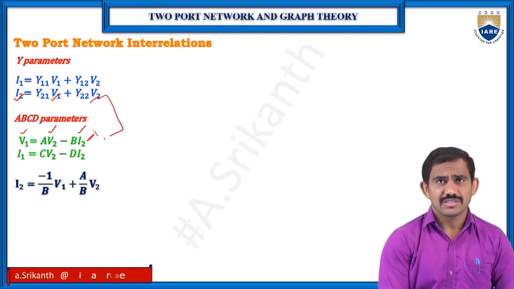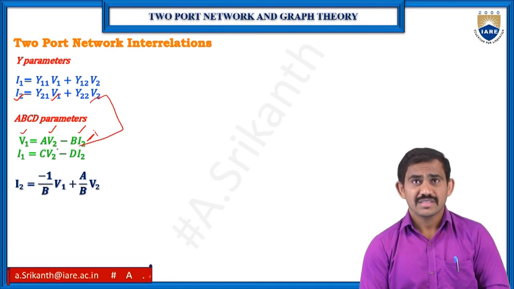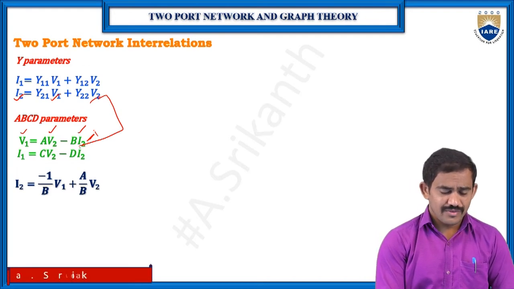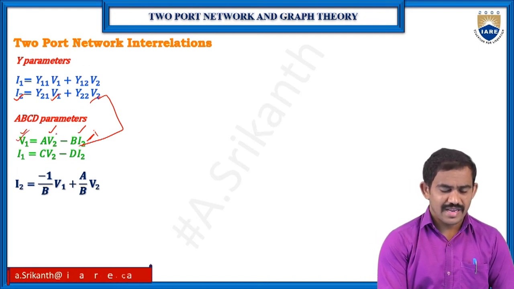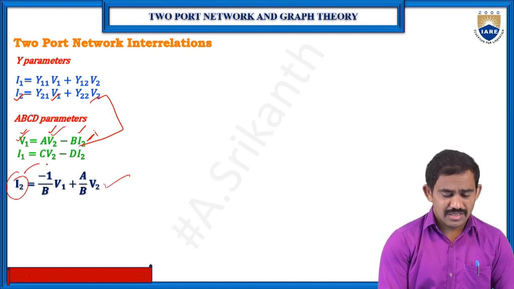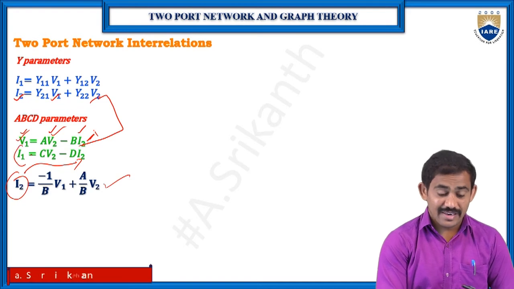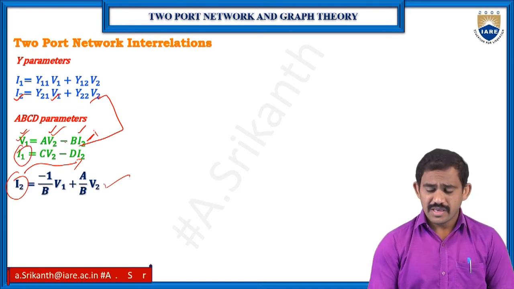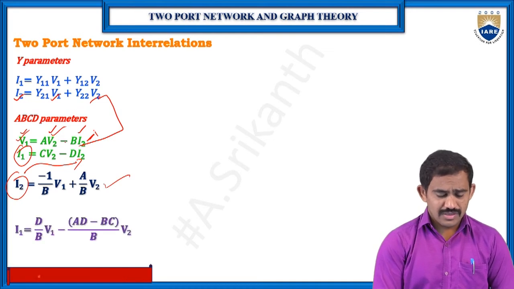So two equations. You compare these two equations, I will get the Y21 value and Y22 value. So I2 in the form of V1 and V2, and this I2 substitute in this equation. Same thing, I will get I1 in the form of V1 and V2. Now we'll get those values also.